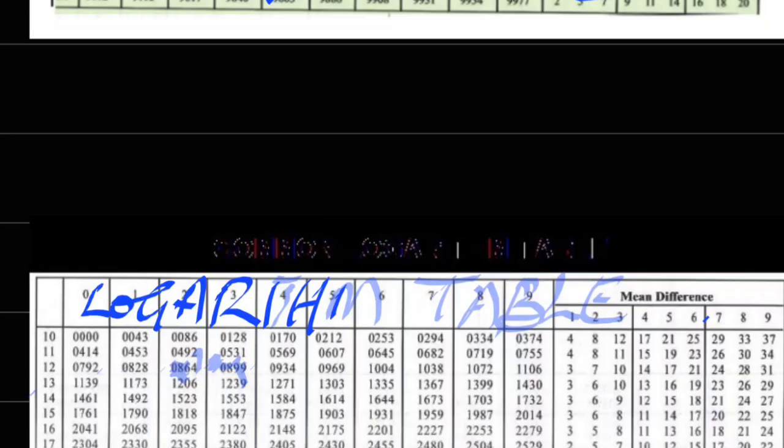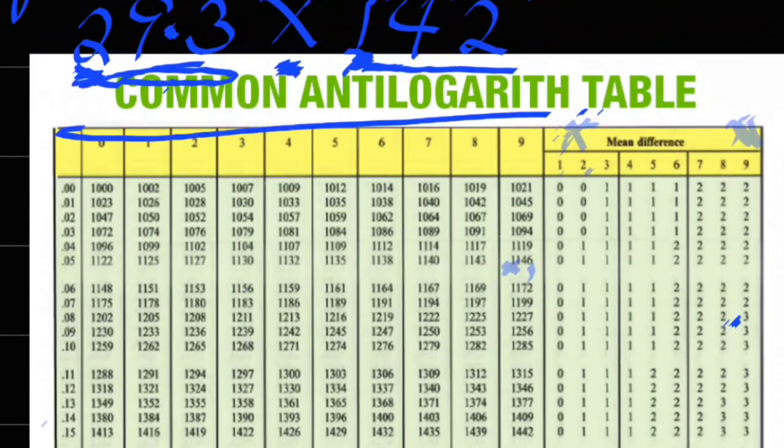This very white table is the logarithm table. And then the first table here is the anti-log table. This is the anti-logarithm table. These two tables, I will show you how we are going to use them. But this is our example that we are going to solve.